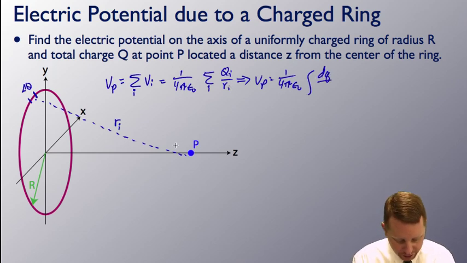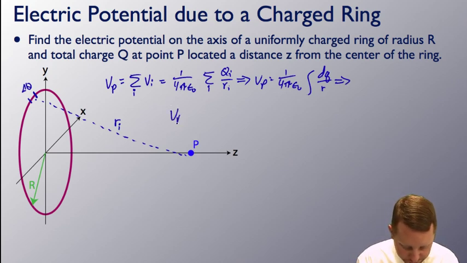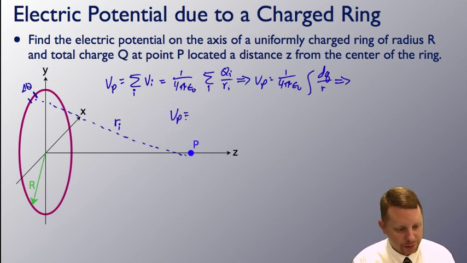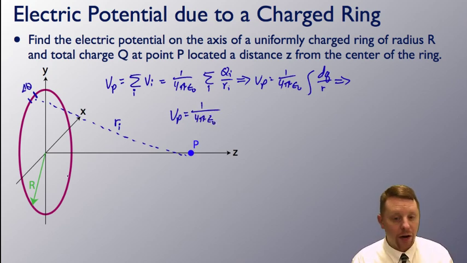And instead of ri, notice everywhere that ri is just going to be R. So dq over R, which implies then that the potential at point P must be equal to 1 over 4 pi epsilon naught.